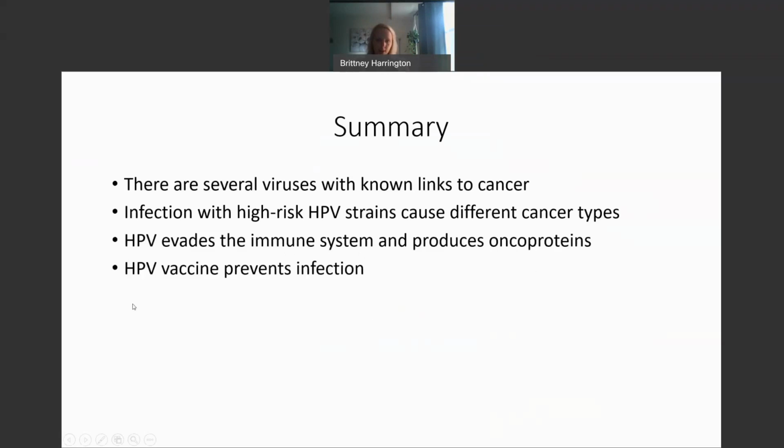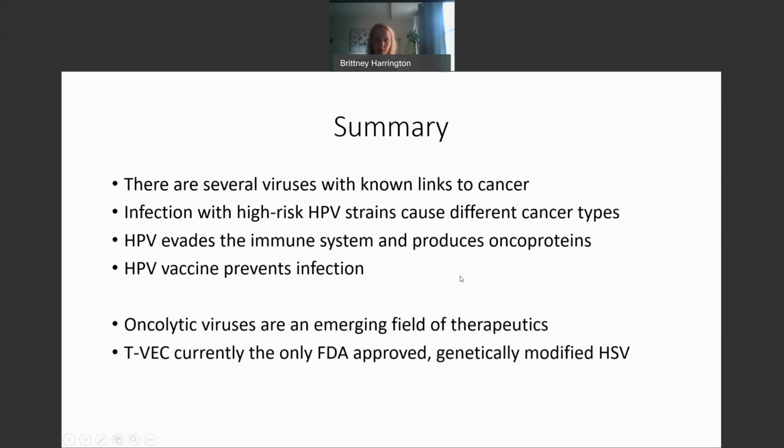And the HPV vaccine was made to prevent infection, so the virus is not able to enter the cell. Oncolytic viruses are, as I showed, an effective therapy, but they're limited so far only by access, and they're an emerging field of therapeutics. TVEC is the only currently FDA-approved oncolytic virus for use in melanoma.